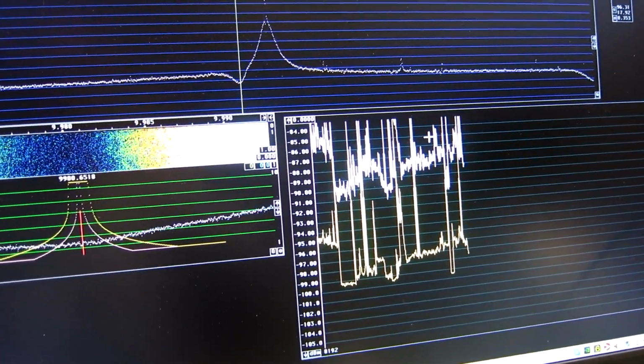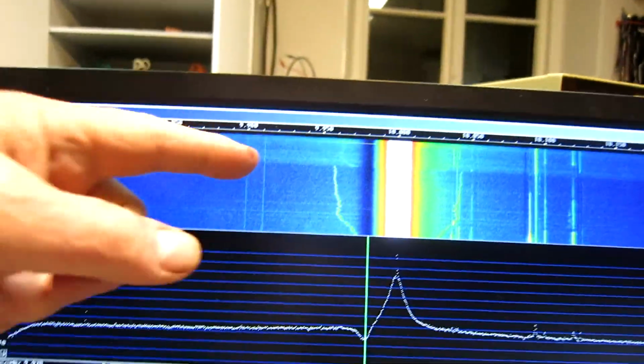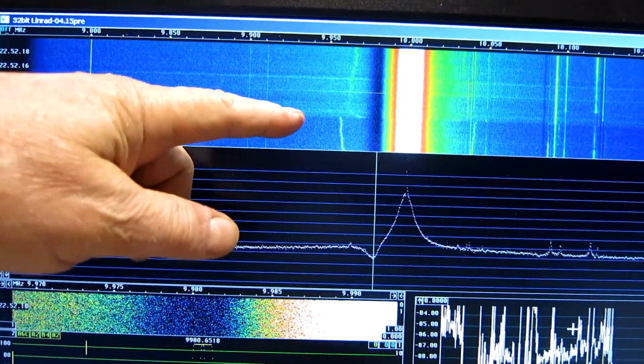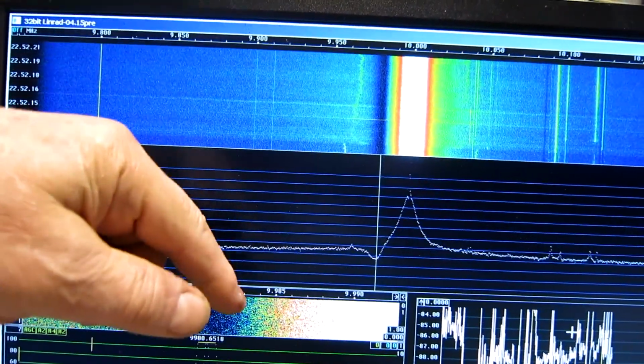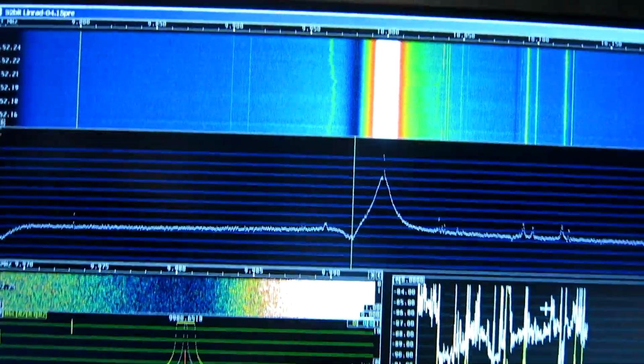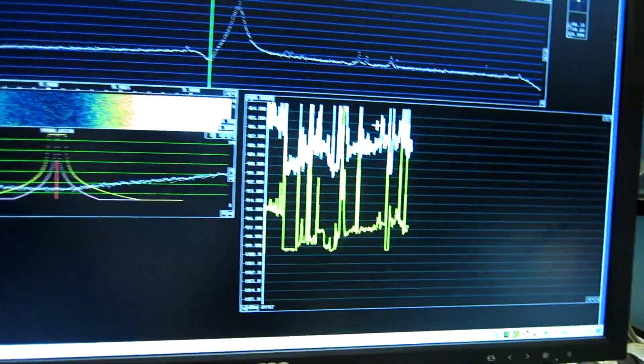One more. Here suddenly the amplifier gets a problem. Maybe the crystals. We have these oscillations that probably originate in the crystals.